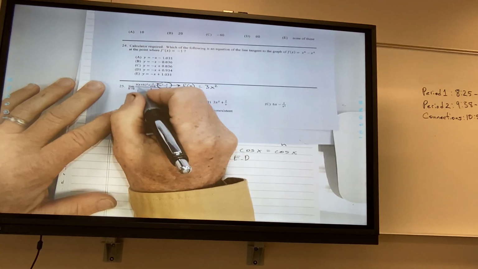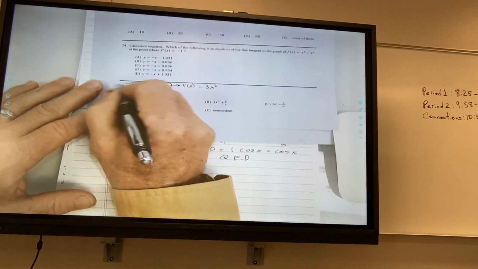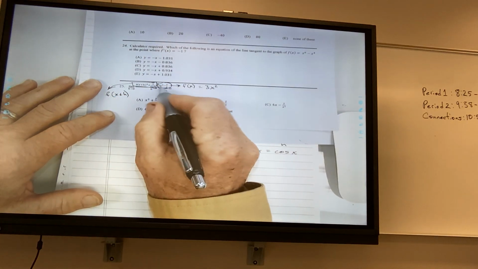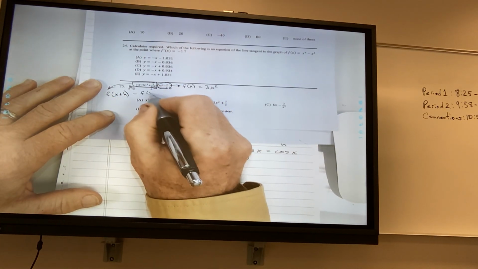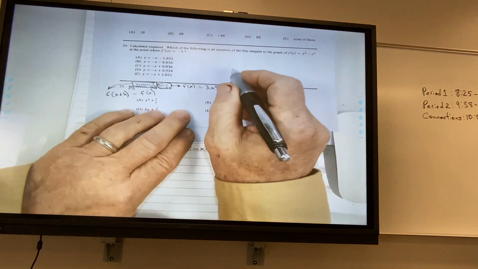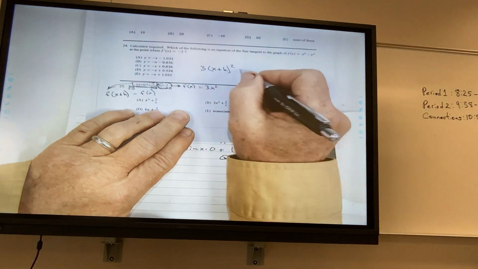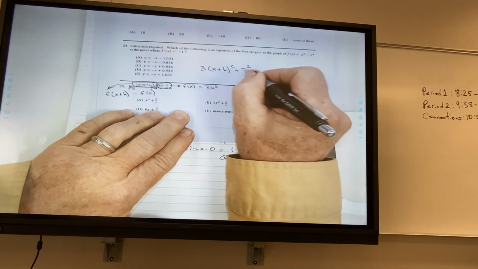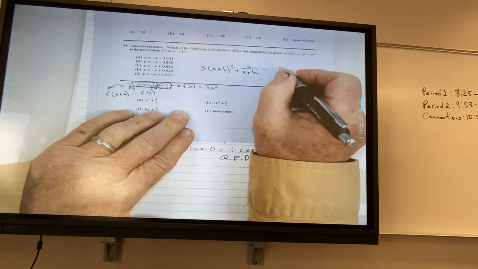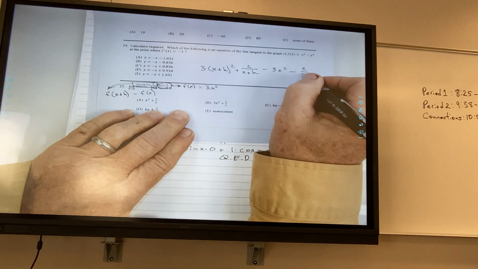In other words, this first part right here is f of x plus h and minus f of x. So what you have here, it's hard to see, you have 3 parentheses x plus h squared plus 2 over x plus h minus 3x squared minus 2 over x.